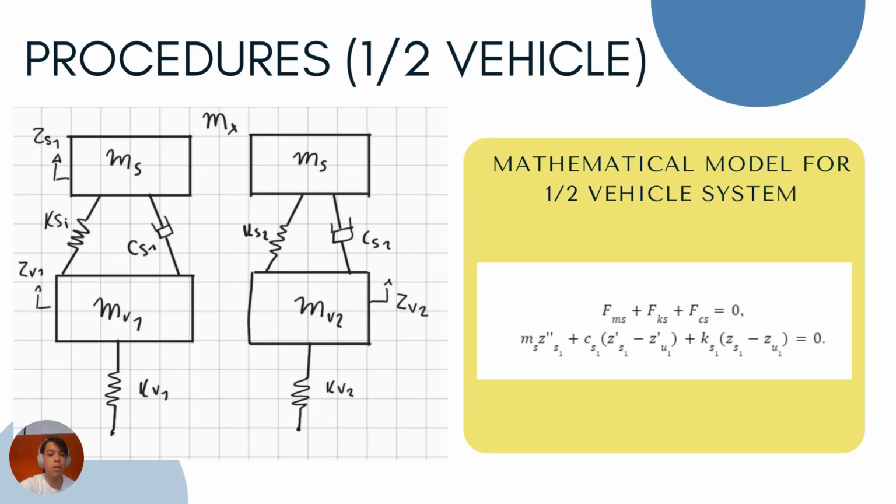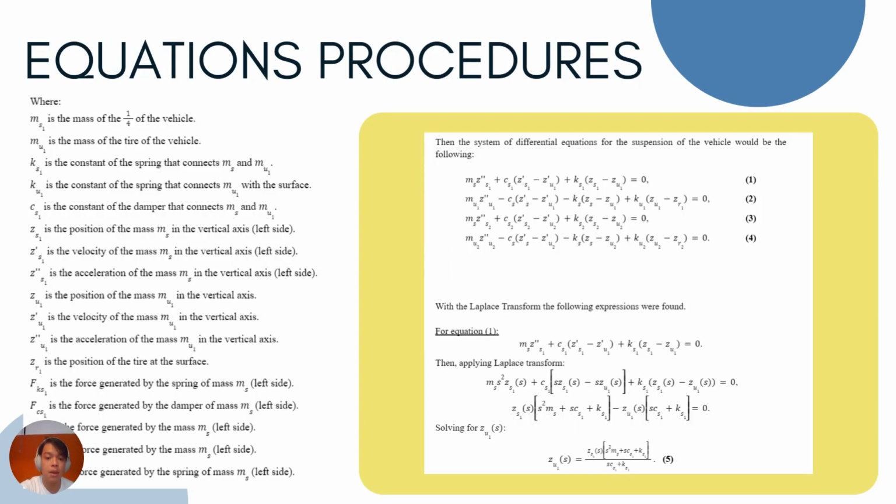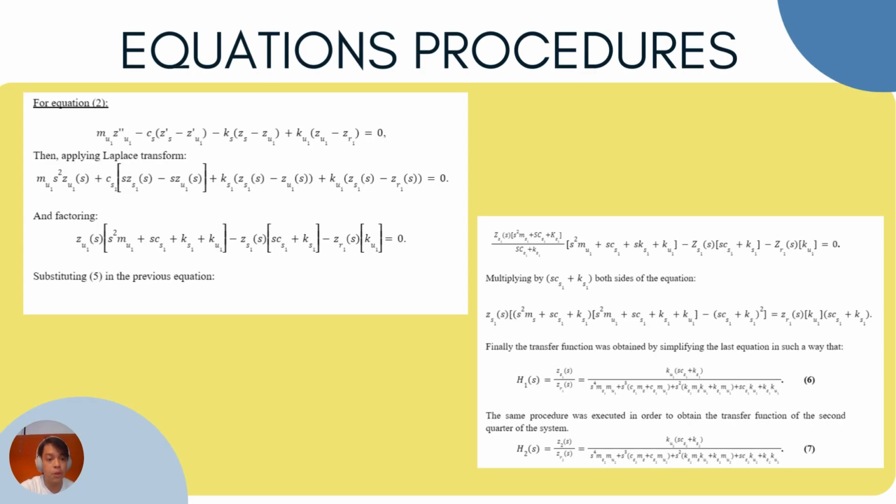And for the procedures with a mid vehicle weight, we have this schematic diagram and these mathematical models. We work by applying the Laplace transform, substituting, multiplying, applying a lot of algebraic procedures that we have here.